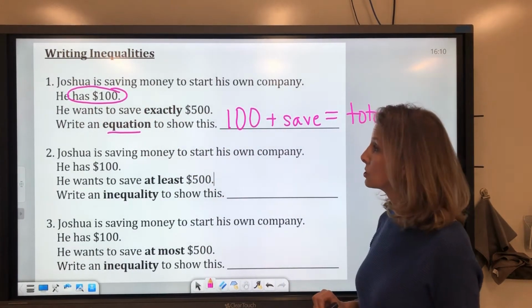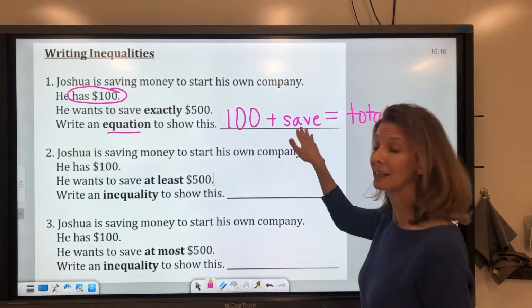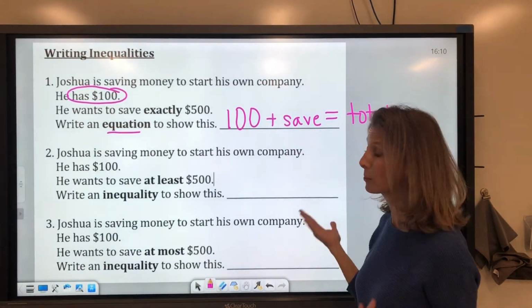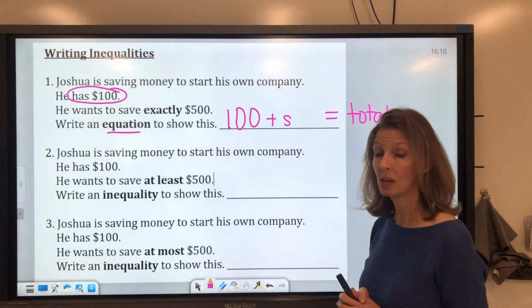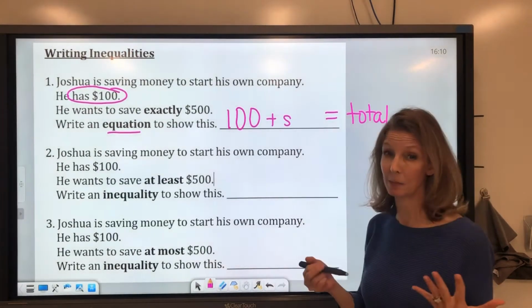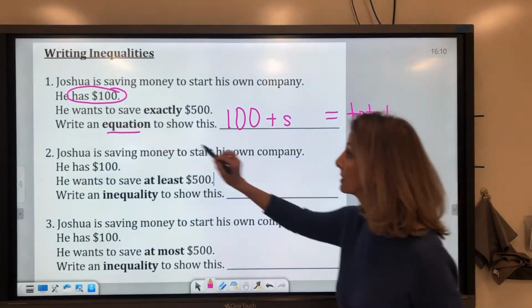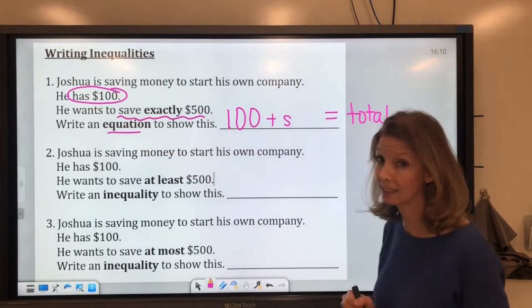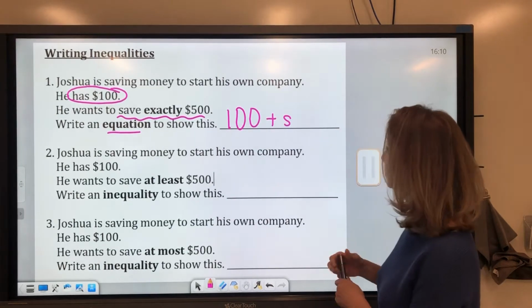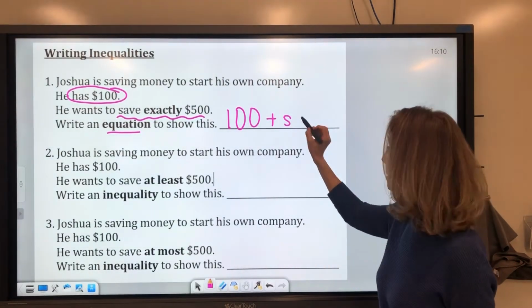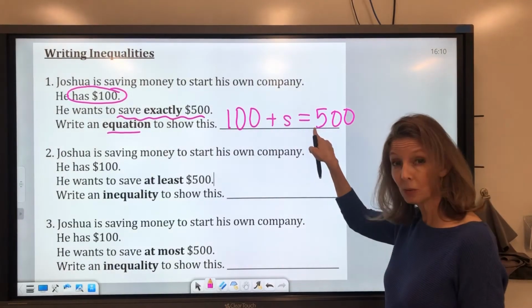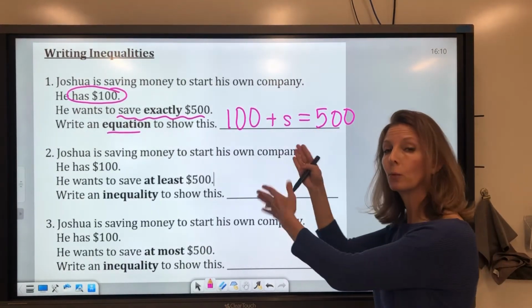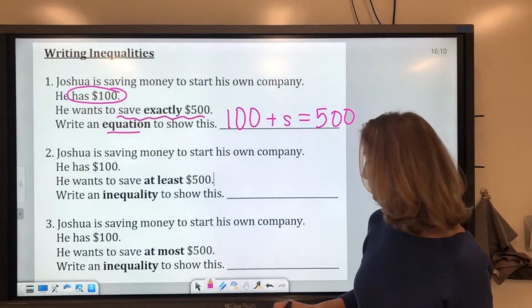Do we know how much he still has to save? We don't yet, so I'm going to have just S. Do we know the total he wants to have by the very end? Yes, he wants to end up with exactly $500. So we're trying to figure out what he still needs to come up with. That is an equation. We know it has an equal sign.